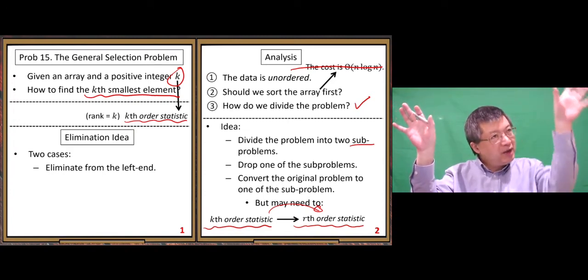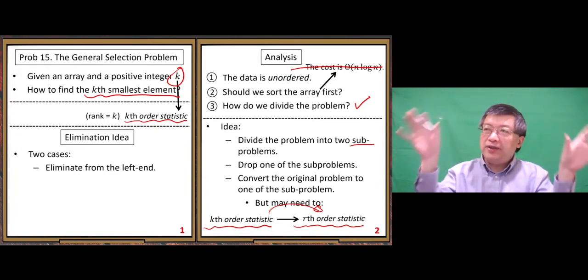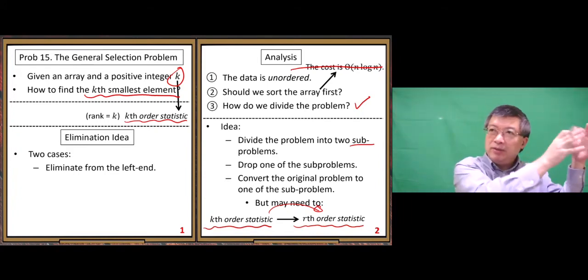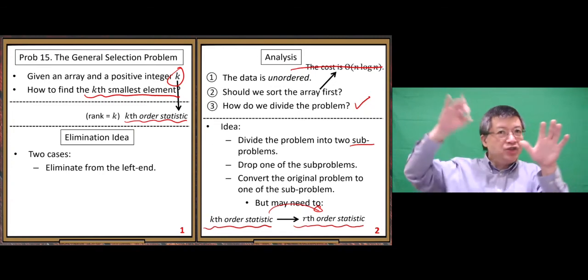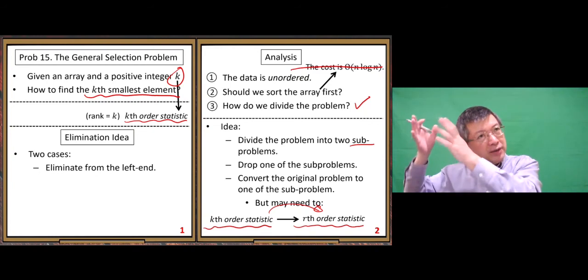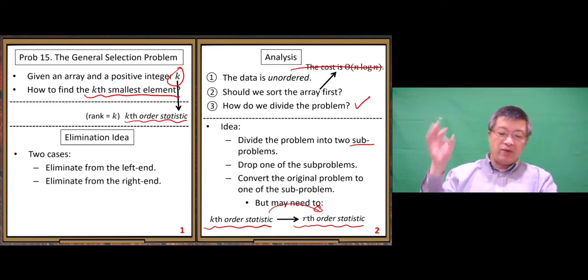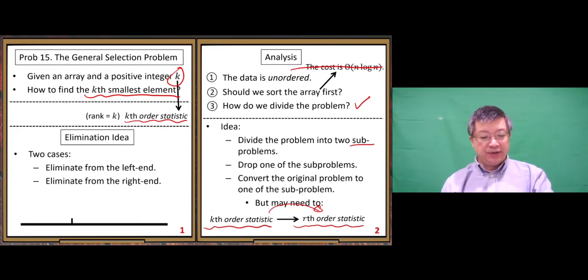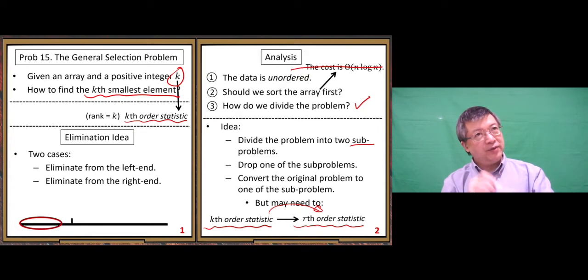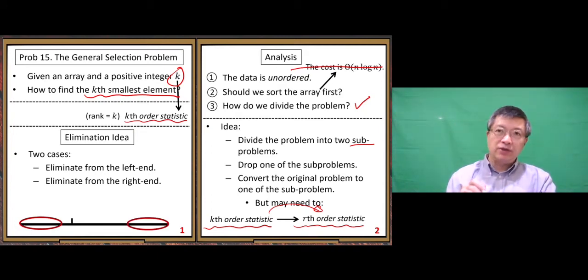You can do the elimination from the left end, that means the smaller end, the minimum end. You can also do elimination from the right end, the larger side, the maximum end. The two cases look like this: left end, this red circle part, and right end, that red circle part.